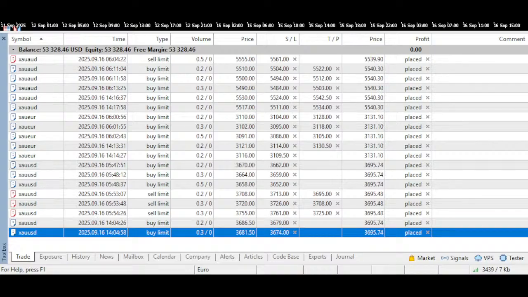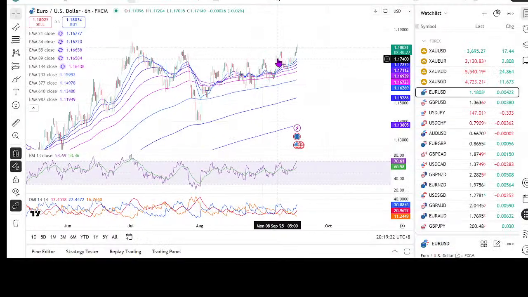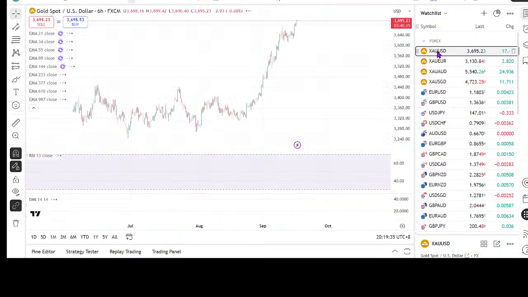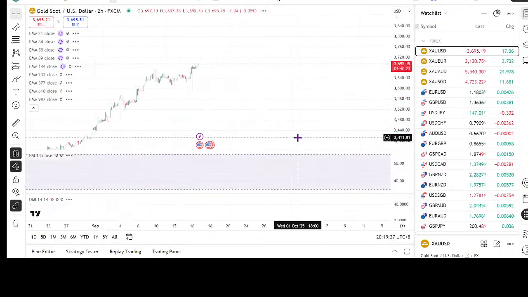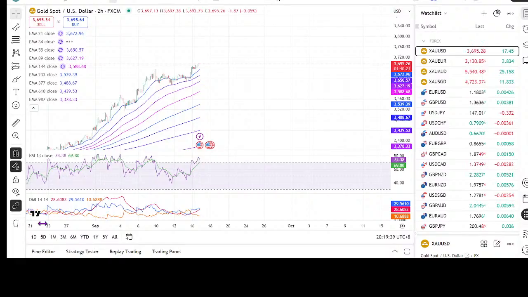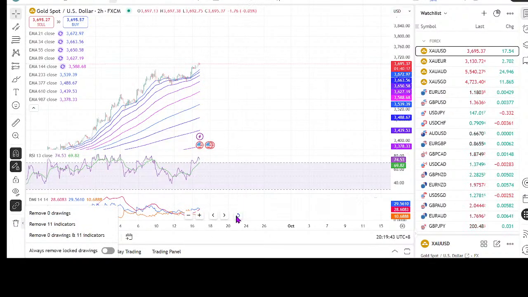Right now the market is trading at 95, so we need to look into the chart and see whether we need to do any adjustments for these levels. So let's look into gold US based on the retail sales.